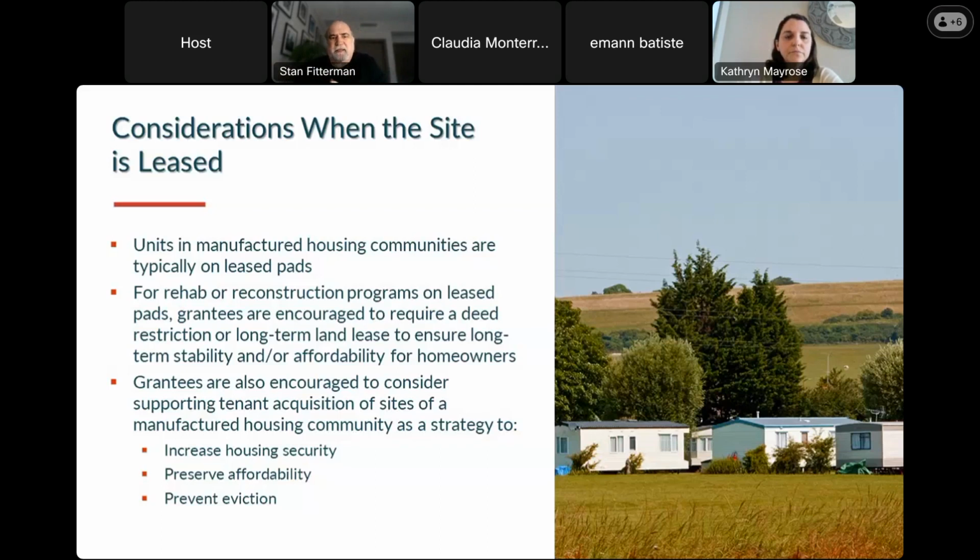We talked about that last week as well, where the people who live there, who own the homes there, collectively own the sites. This increases housing security. It can help preserve affordability. It can help prevent, or probably we should say limit or reduce, eviction from someone selling the property for another use.